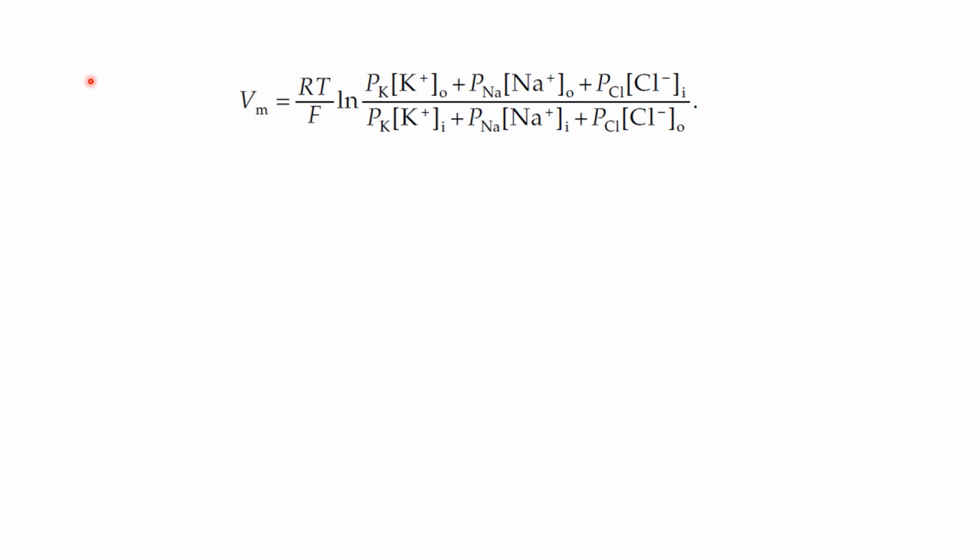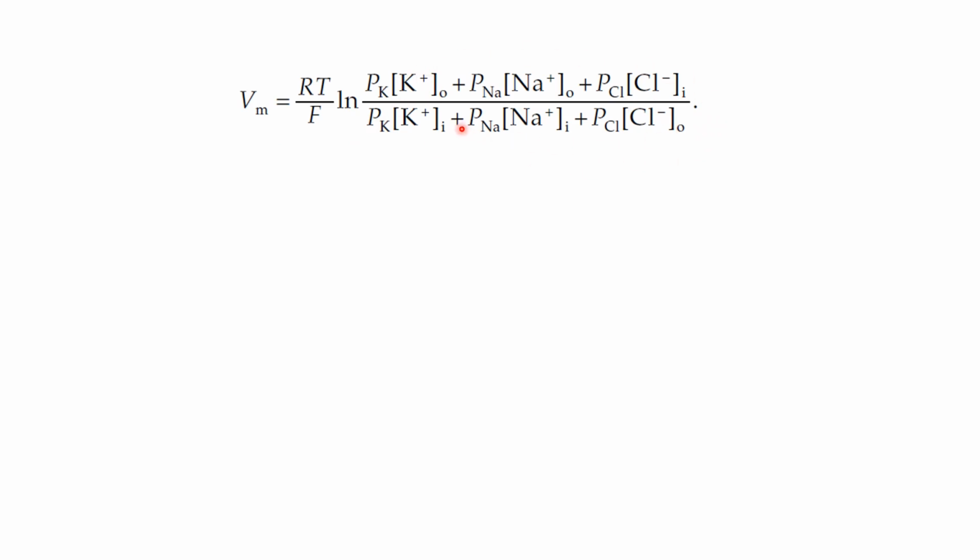Let's look at the Goldman equation in a bit more detail. So this expression has a structure that looks similar to the Nernst equation for equilibrium potential. We have the RT over F factor, then logarithm, and then we have this expression which includes the concentrations of ions. In the Nernst equation, we also had the charge here, which could be a positive or a negative number, but that is now taken into account within this expression.